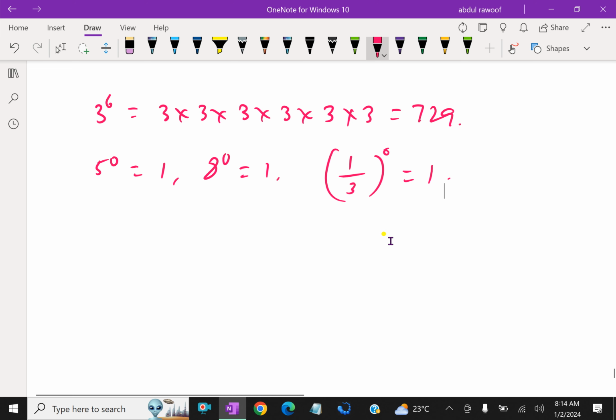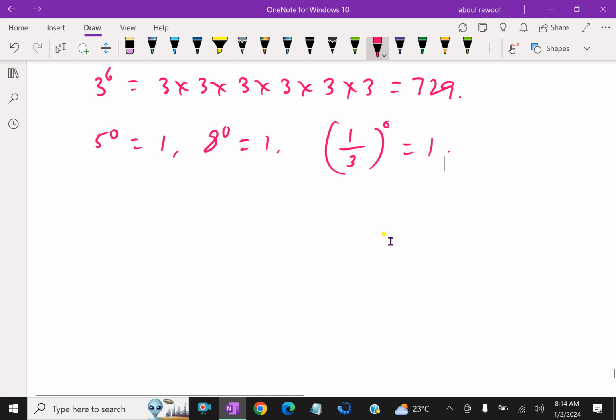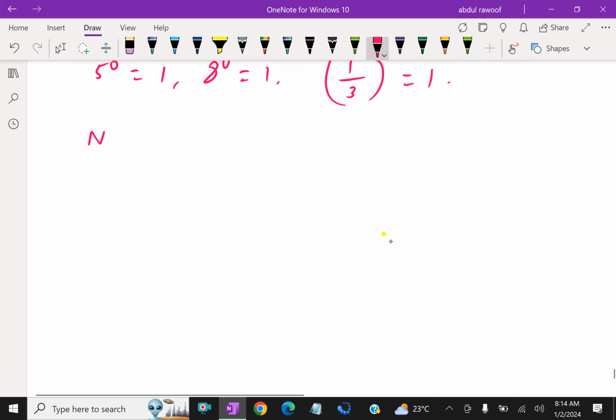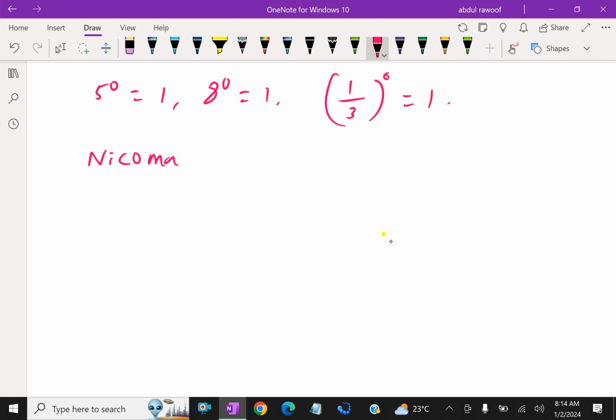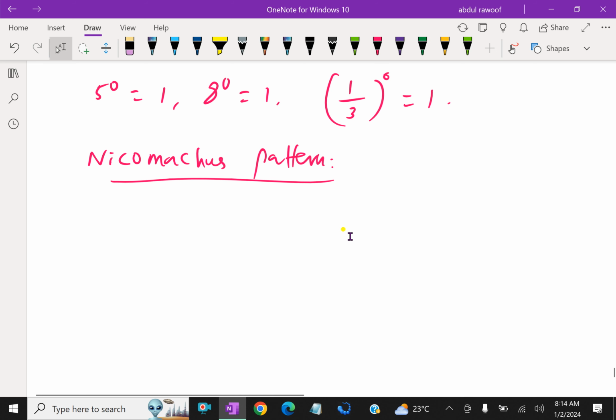Now, look at this pattern. It's called Nicomachus's pattern. Very interesting pattern. A mathematician, Nicomachus, discovered an interesting number pattern involving cubes and sums of odd numbers.